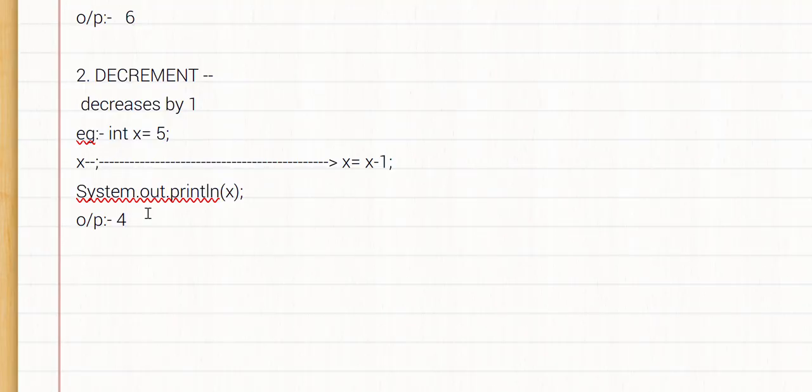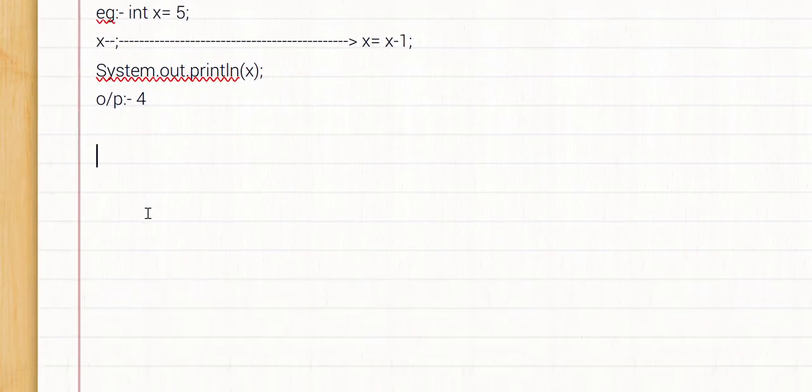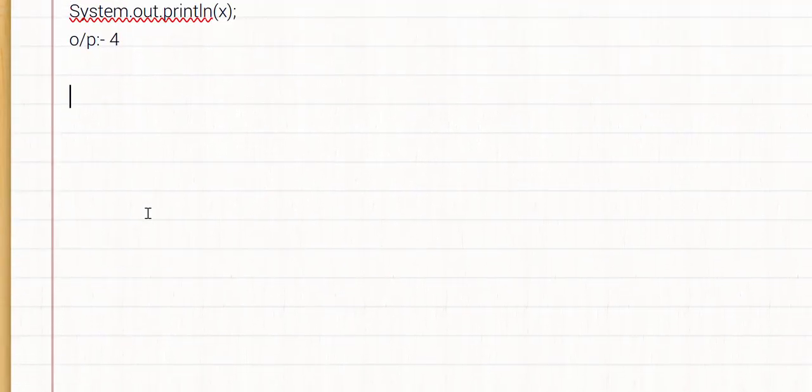Okay, this is the thing, and there are types in it. Also, before we discussed assignment operators, there we learned the x plus equals symbol, right? So the x plus equals symbol and the x plus plus symbol are both the same because both increase the value by 1.